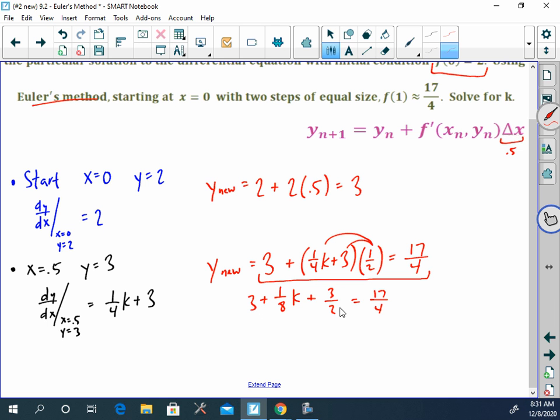But then I'm assuming you subtracted the 3 and the 3 halves piece over, right? So do we get 1/8 k equals -1/4? That look good? And then finish by multiplying by 8, I'm assuming? Yep. Just got the right answer, so that looks good. Does anyone have questions on that process or need more time to write it down?